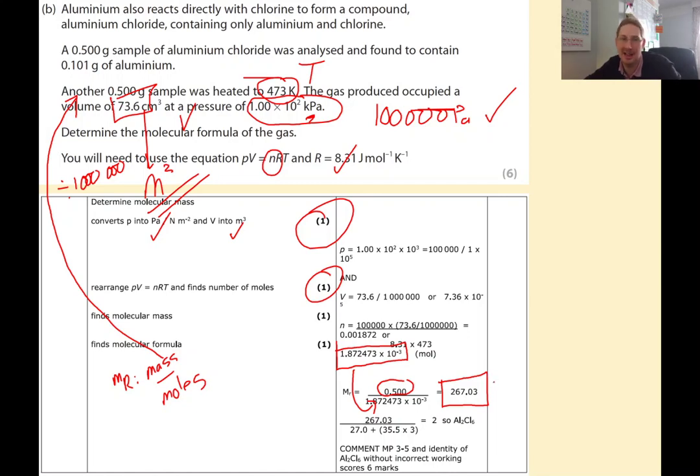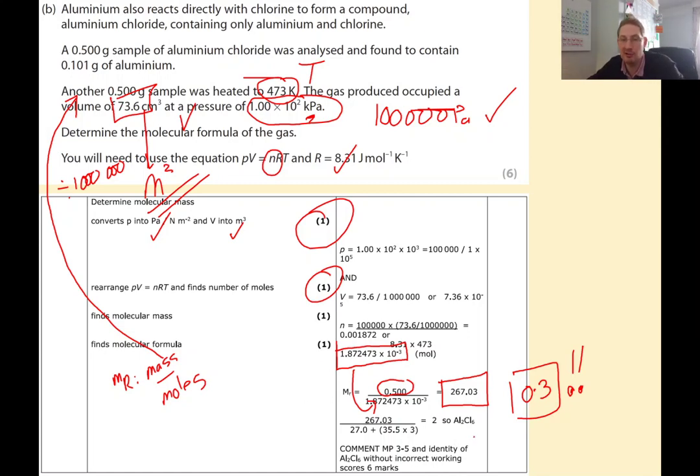So if you get a molecular mass that just looks ridiculous, just check your unit conversions. If that's either 1,000 too big or 1,000 too small, in this case that number n would be 1,000 times too big, so your relative molecular mass would be 0.3ish. Okay, so it can't be, so you would know you'd made a mistake.